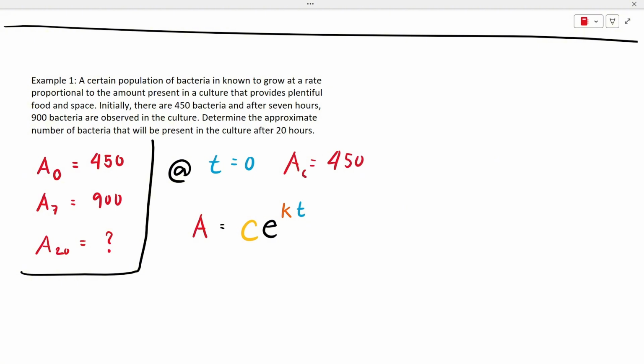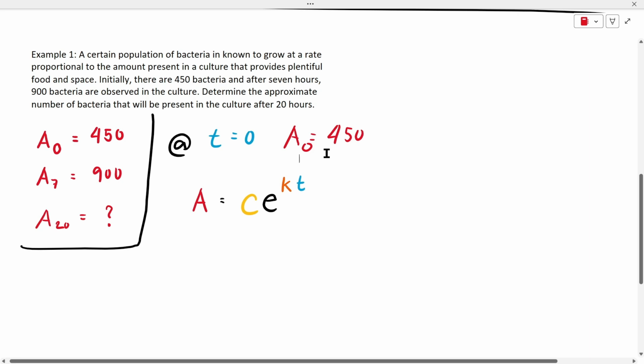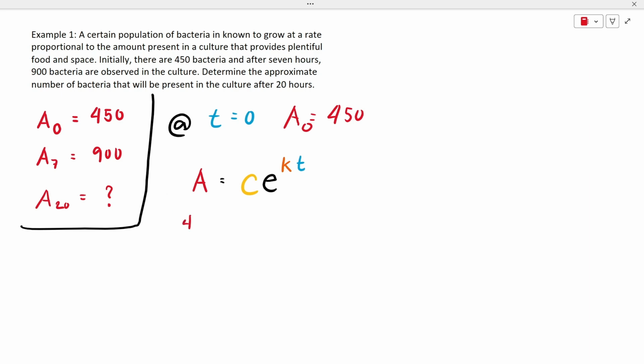If we substitute these values, this will become 450 equals C times e raised to k times 0. We will get C, which is equal to 450.